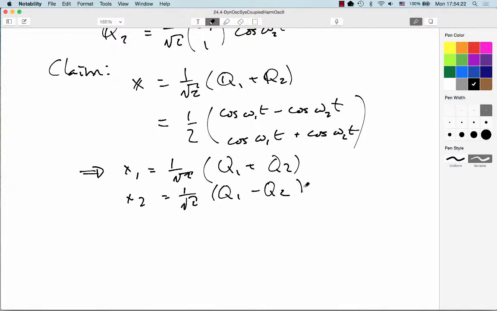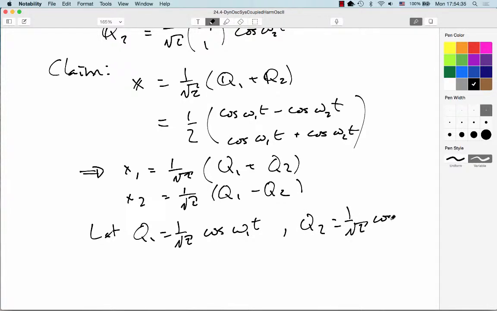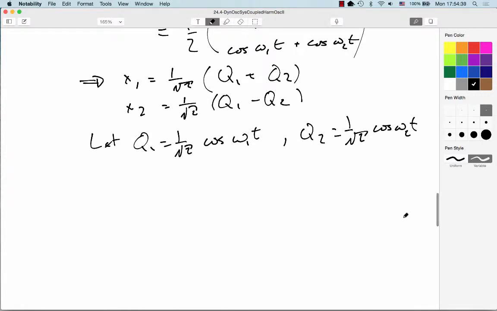So we'll let q1 equal 1 over root 2 cos omega 1t and q2 equal 1 over root 2 cos omega 2t. All right, so now we're on the way to get our transformation matrix.